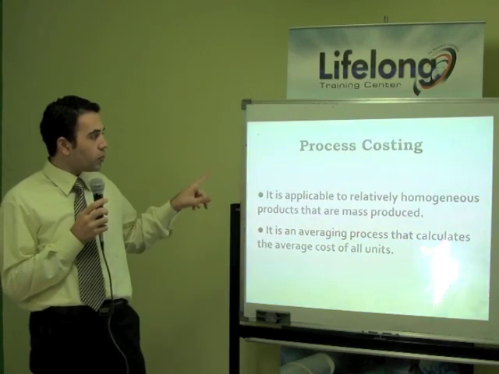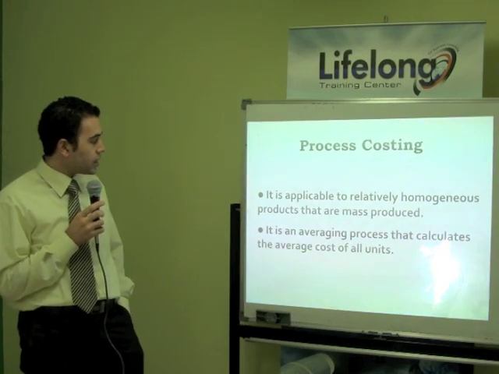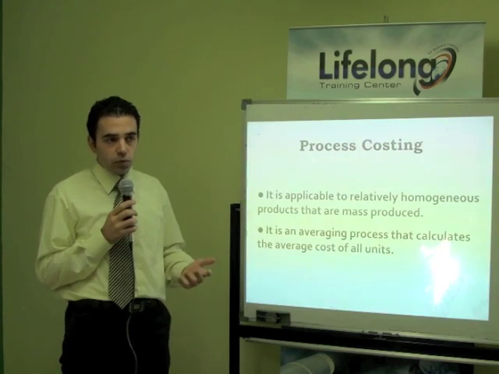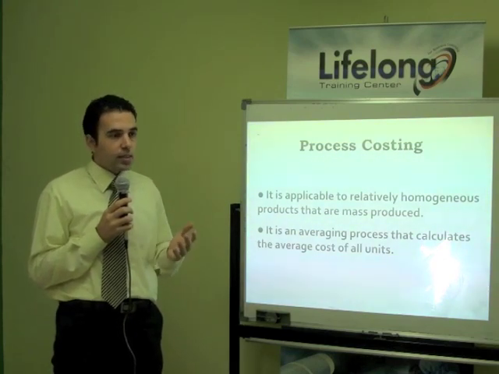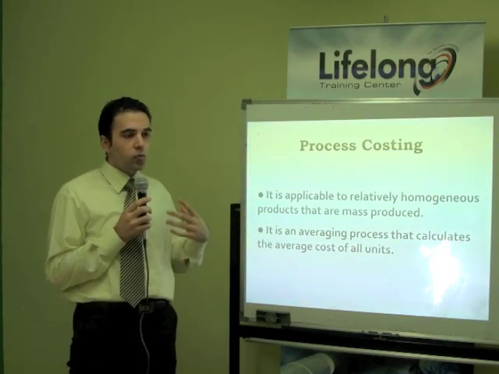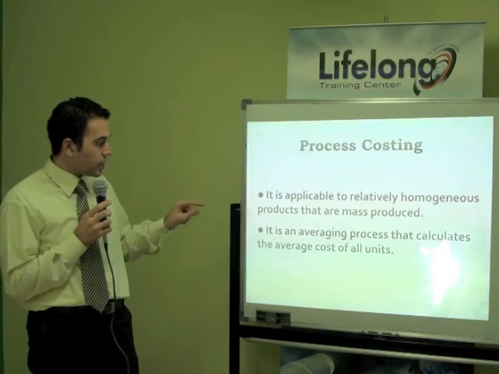When you are using process costing, it's applicable to relatively homogeneous products that are mass produced. Like I said, if you are producing iPhones, you are creating 50, 60 million iPhones, so you have the same product and you are producing them using the same process. At the same time, it's an averaging process that calculates the average cost of all units.